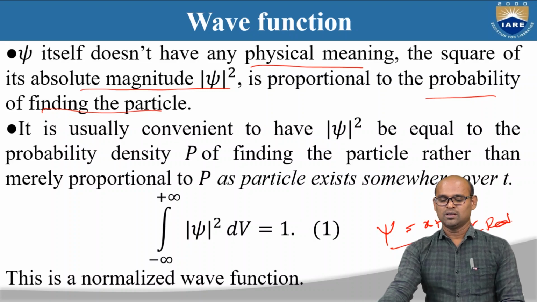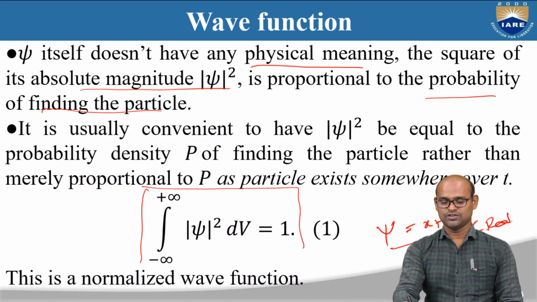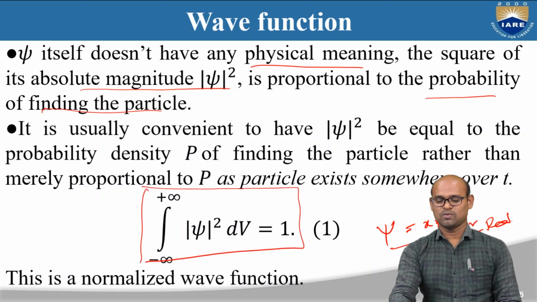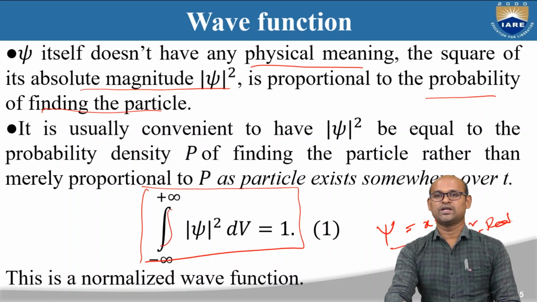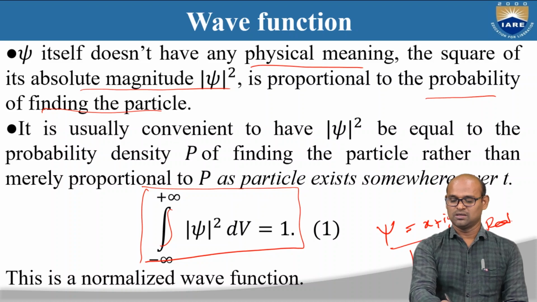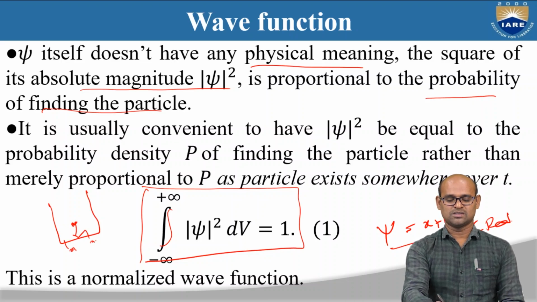So we define the normalization for this wave function. Suppose I have a box and I have trapped a particle inside it. I can ask the probability of finding the particle at any point x inside this box.